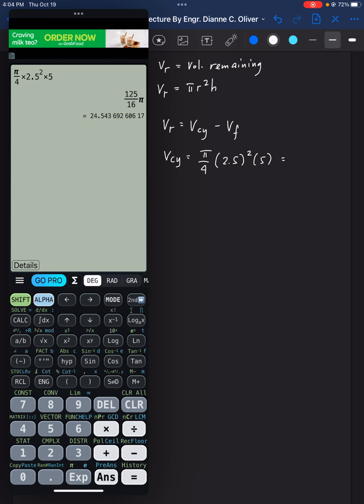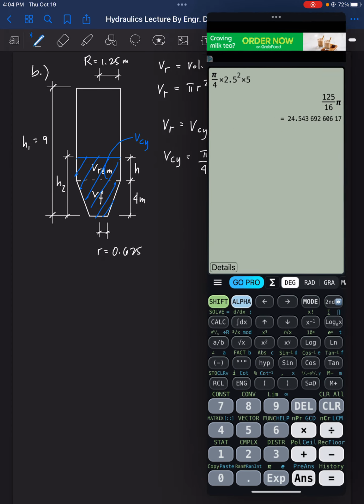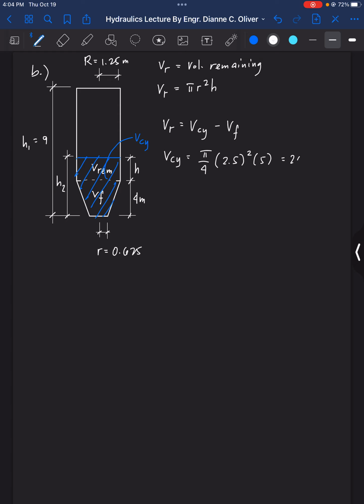So 24.54 cubic meter. And then volume of the frustum of a cone is equal to pi h over 3 times small r squared plus big R squared plus small r times big R. So that's the formula for volume of the frustum of a cone.